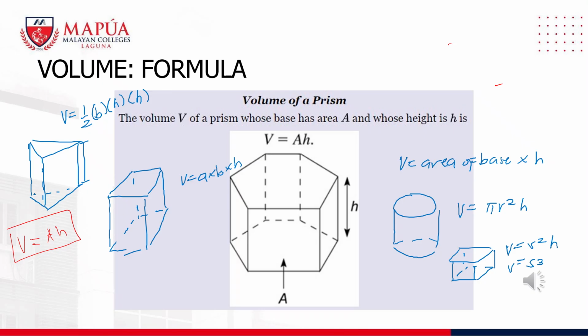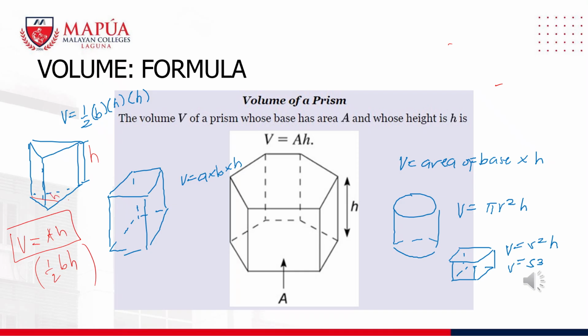The area of the base, or the top, is a triangle, so 1/2 base times height. Then multiplied by the height h, if this is also h.